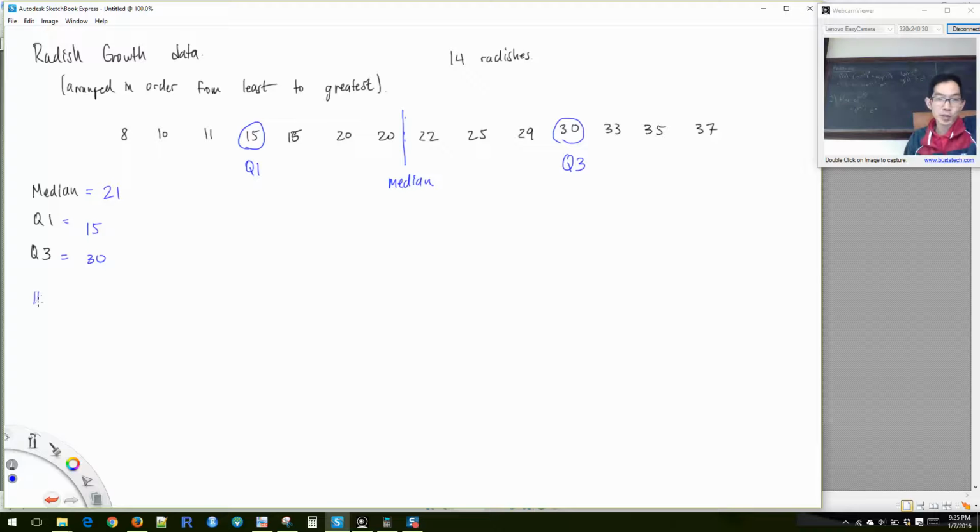Okay, so what is my IQR? 15. Yeah, 30 minus 15. So I have an IQR of 15. So my upper fence would be at 30 plus 1.5 times 15, and my lower fence would be 15 minus 1.5 times 15. So this would be at 52.5, and this would be at negative 7.5, I believe.